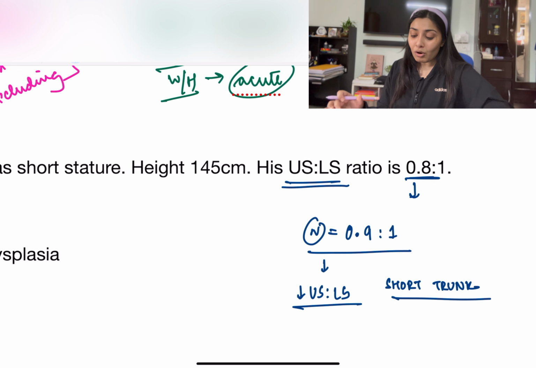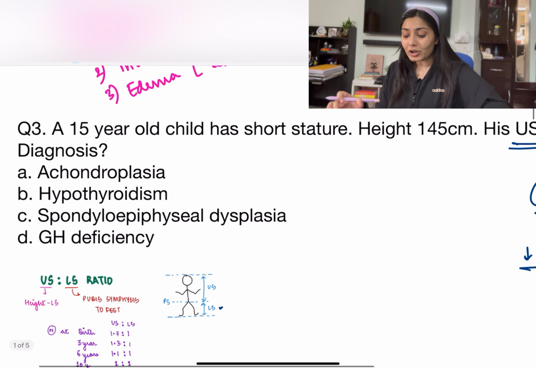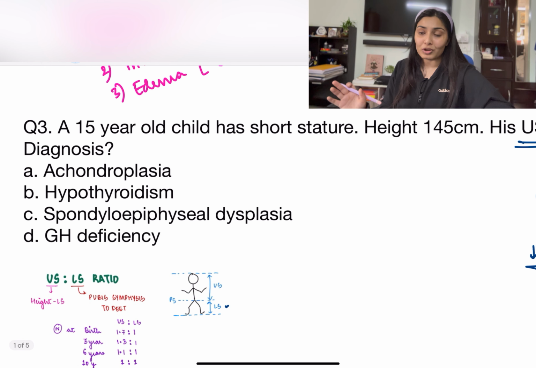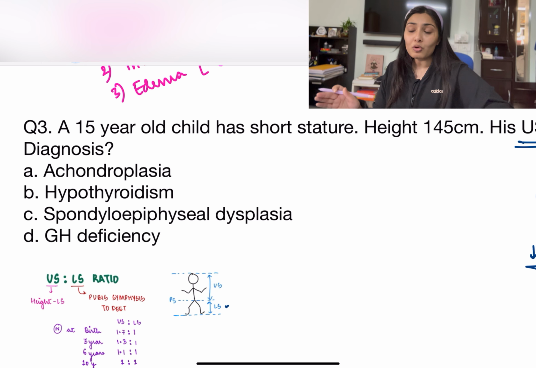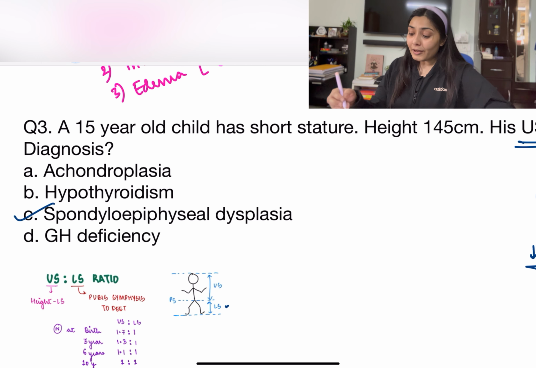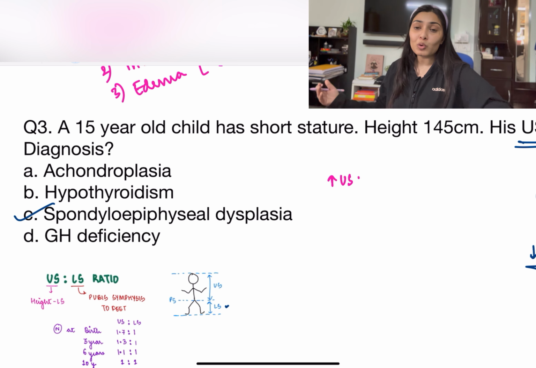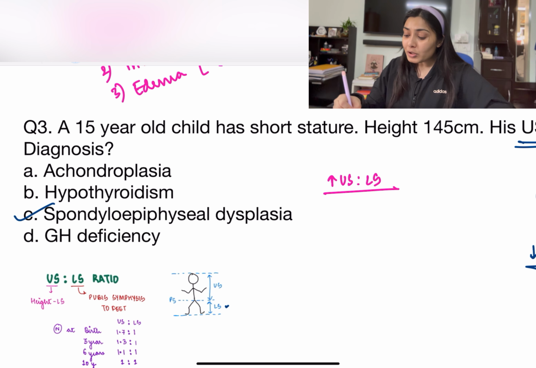In options we have achondroplasia, hypothyroidism, spondyloepiphyseal dysplasia, and growth hormone deficiency. So straight away, short trunk dwarfism, the answer should be spondyloepiphyseal dysplasia. At the same time, you should know that if upper segment lower segment ratio is more than expected for that age, that means the trunk is of normal size but my lower segment is short, this would be short limb dwarfism.